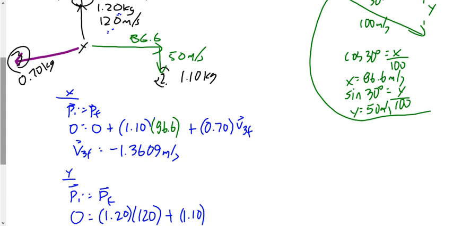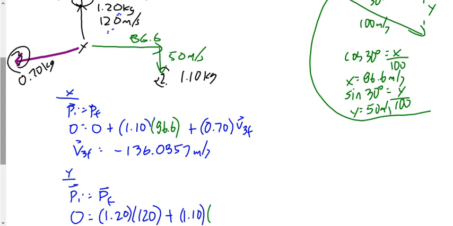Yeah, I think I did, didn't I? What did I do? Oh, no, you're right. Yeah, so it's going to be 1.1 times 86.6 divided by 0.7, 136. Yeah, sorry. Thank you. That's going to be negative 136.0857 meters per second. Okay, so what is the y component of that 100 meters per second that we got rid of because they didn't like funny angles?